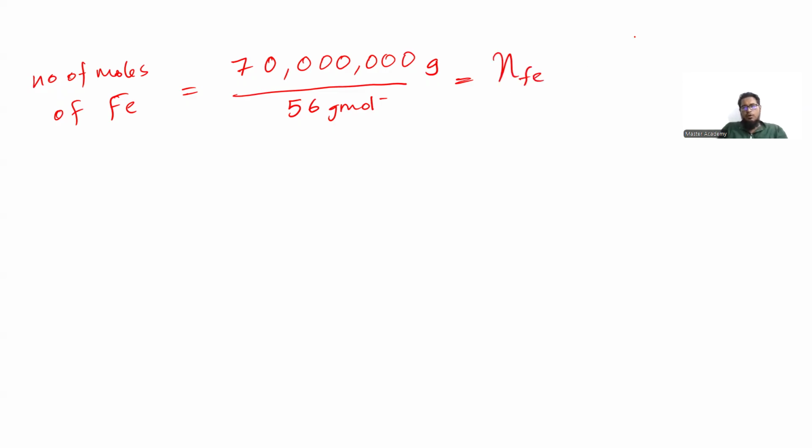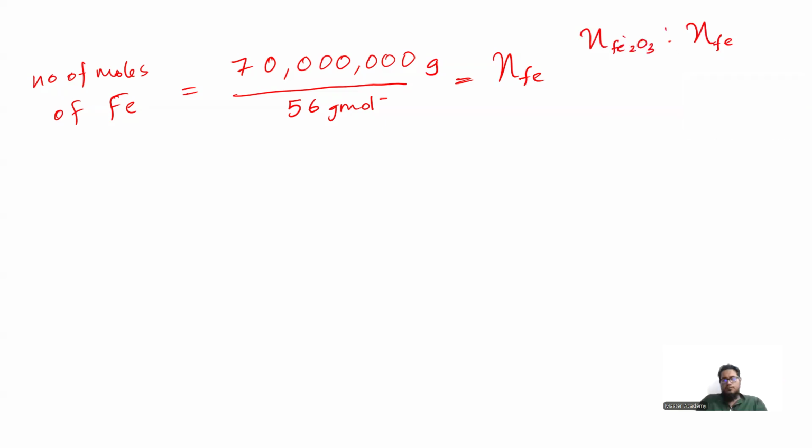Then according to mole ratio, what is the ratio of number of moles of Fe and number of moles of Fe2O3? The mole ratio. 1:2, no? If this is 2, this has to be 1. If this is 4, this has to be 2. If this is 10, this has to be 5. Half of the value.